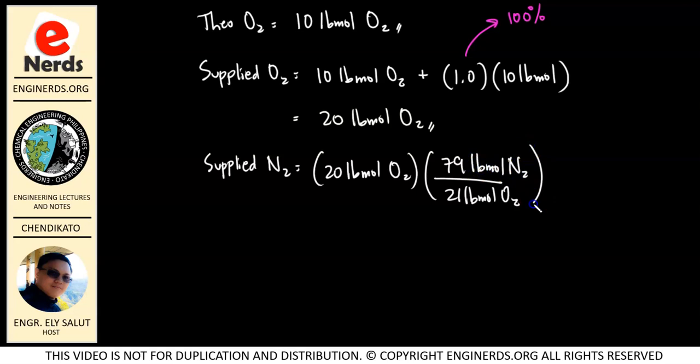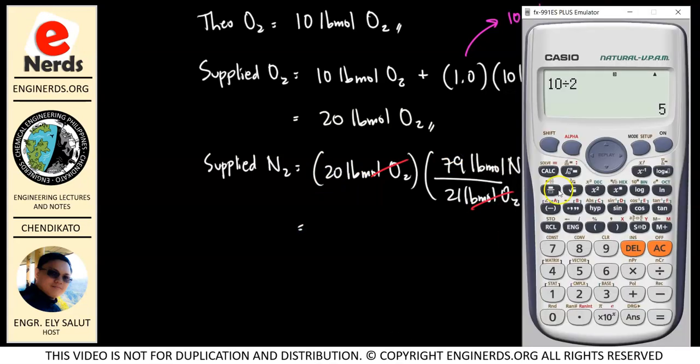So, yan yung portion ng ating nitrogen and oxygen sa air. Di ba? Ang ating air is composed of 79% nitrogen and 21% oxygen. If we're going to check our units, this will be cancelled out. So, our supplied N2 will be 20 times 79 divided by 21.